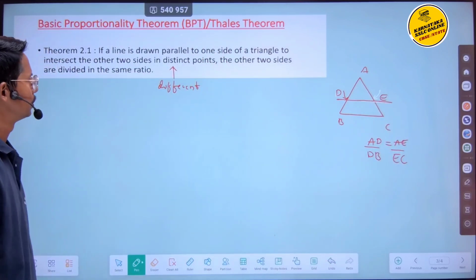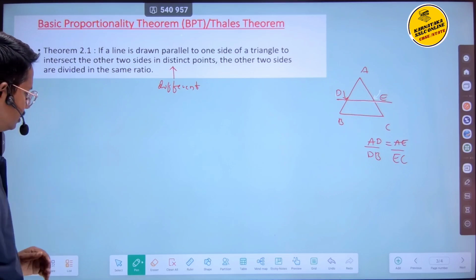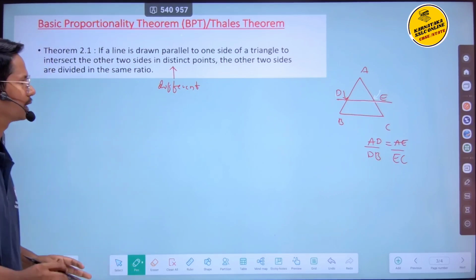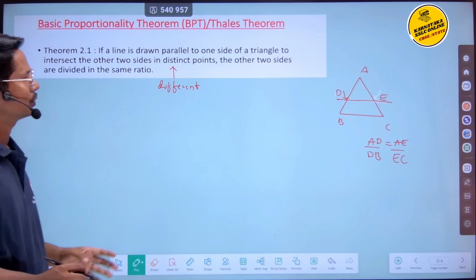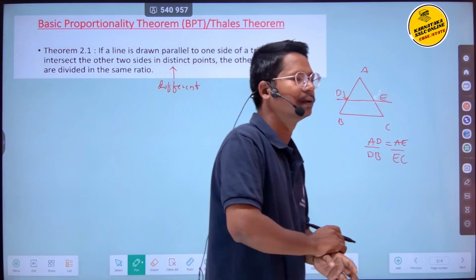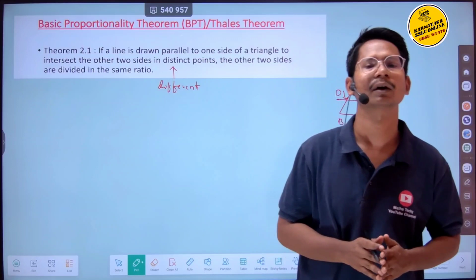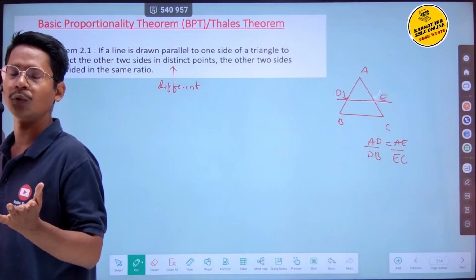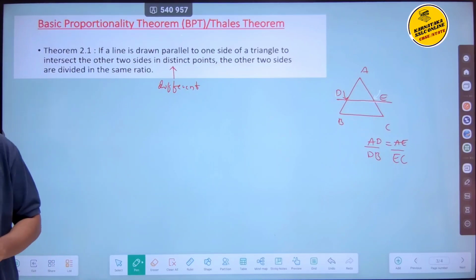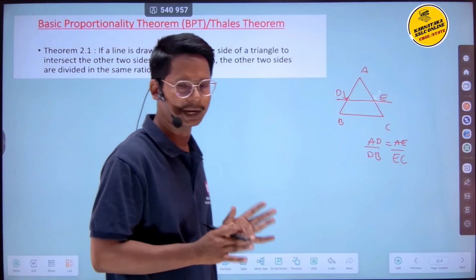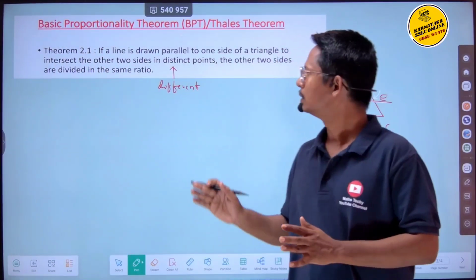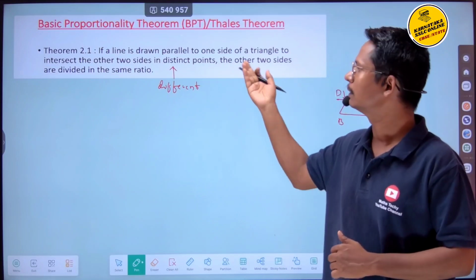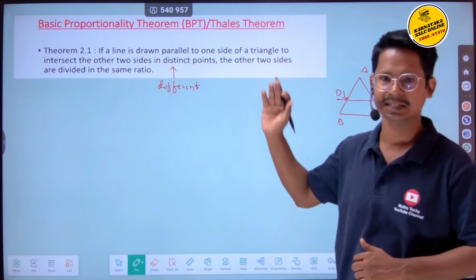First we will write what is needed to prove this, and then go with the actual derivation. The idea is that you need to find the area of a triangle. How do you find the area of a triangle? It is half into base into height. With the help of the areas of triangles, by taking ratios, we can get this theorem result.